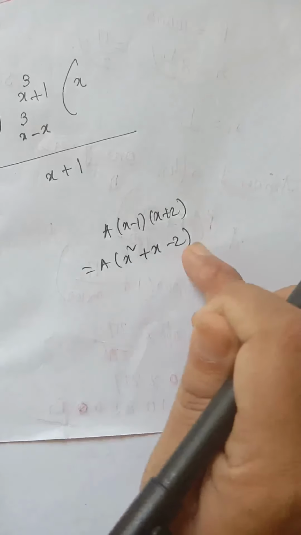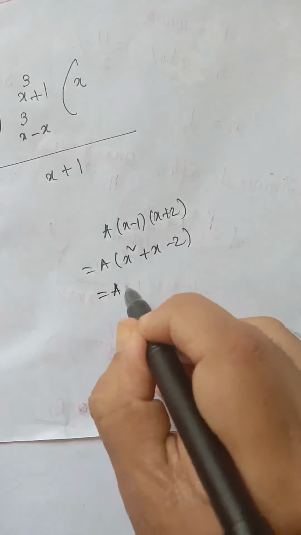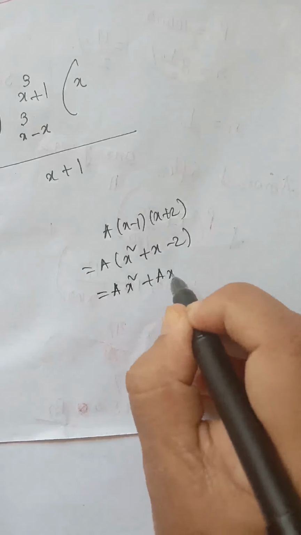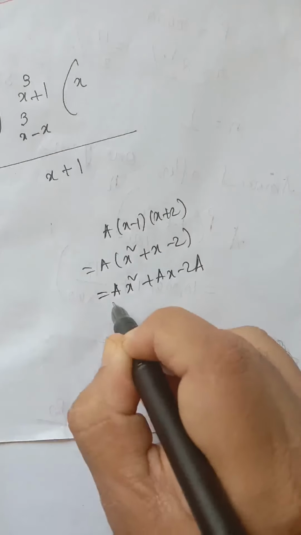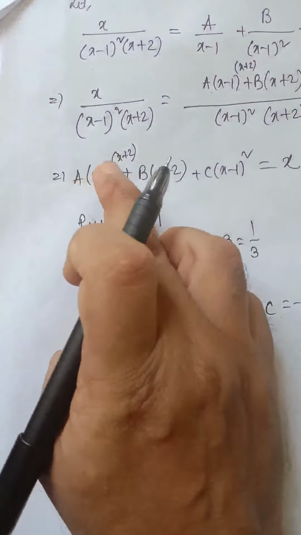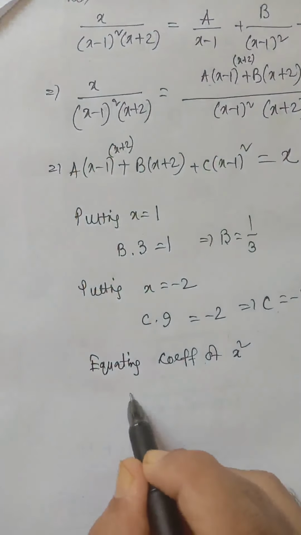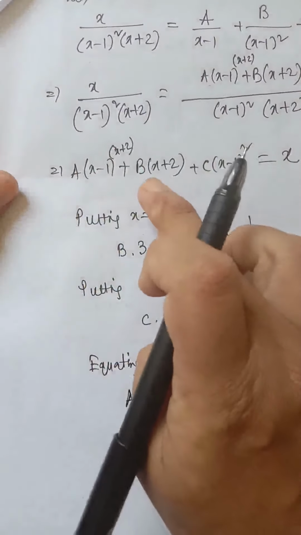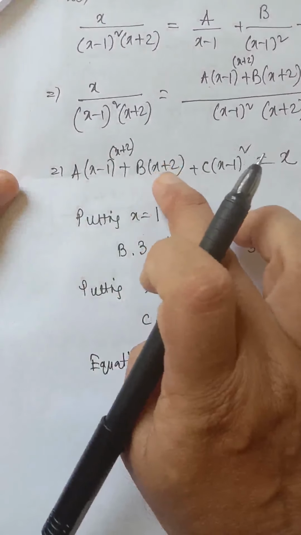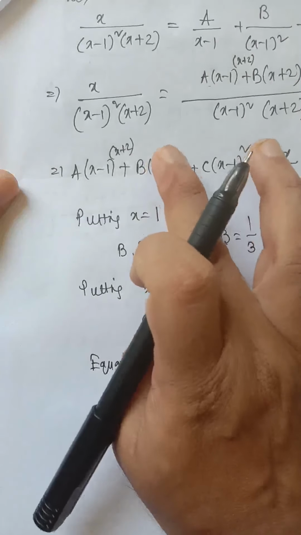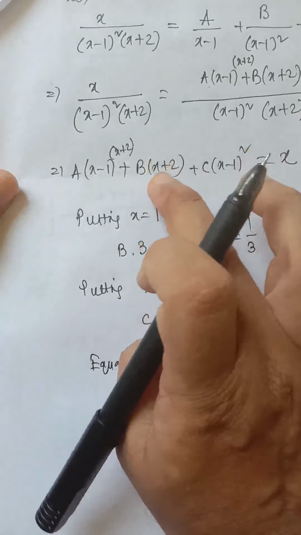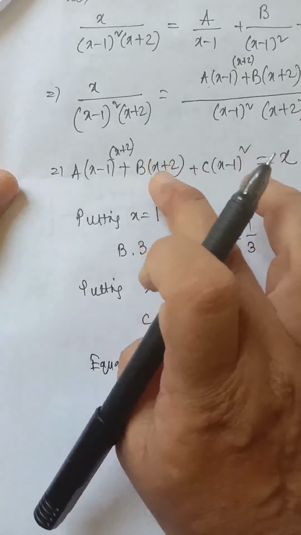Now in this expression, what is the coefficient of x square? Clearly, it is a. So in this expression, the coefficient of x square is a, we will write a. Here there is no term containing x square, so the coefficient of x square here is 0.